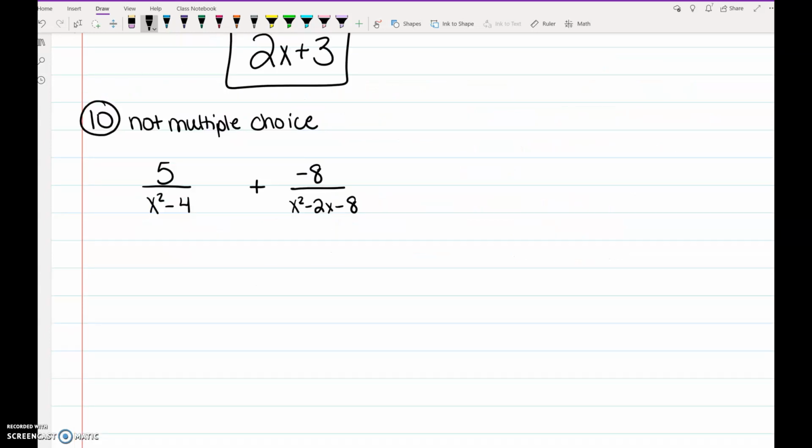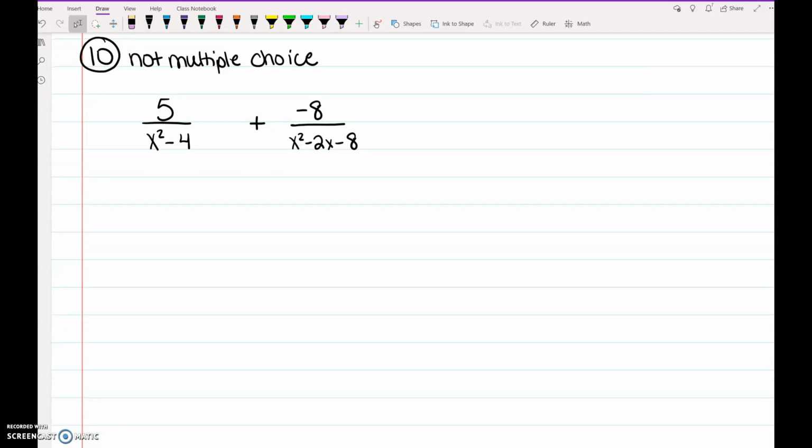On number 10, the first thing I did was change the minus to a plus a negative, which is an allowed step. I also spaced it out. We need to factor to see what we have. So x squared minus 4 factors into x plus 2, x minus 2.